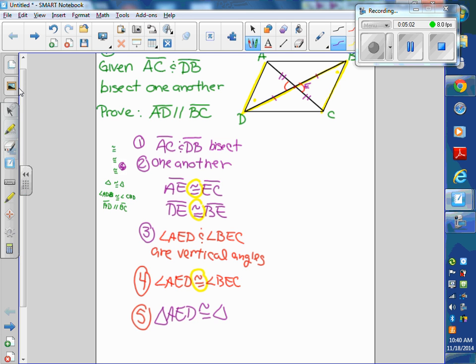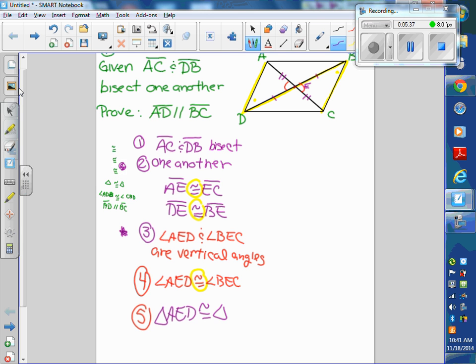Maddie? When you're writing your proof, do you have to say AED and BEC are vertical angles? So that's something that you see in a very thorough proof. Your book is somewhat inconsistent. It's my habit always just to state the angles, what they are from the diagram. I think it slows you down enough to maybe make you remember your steps.